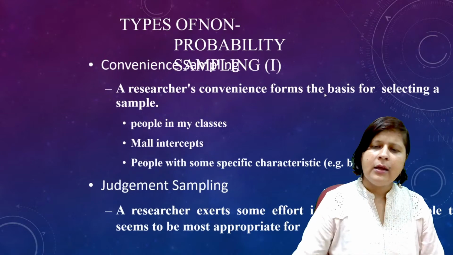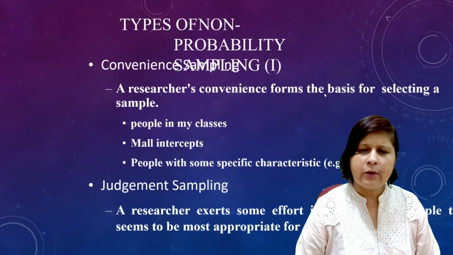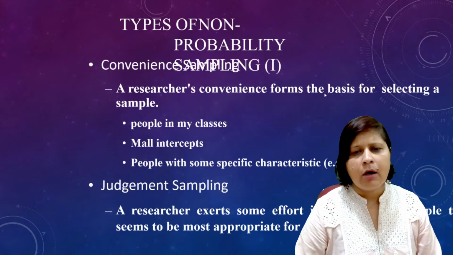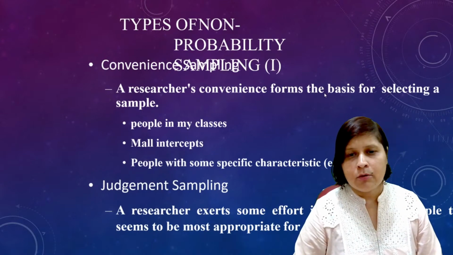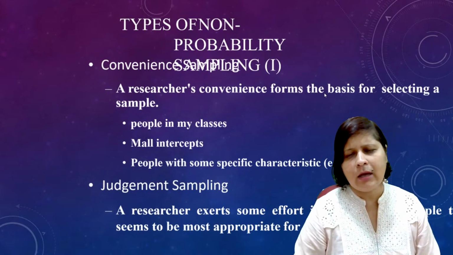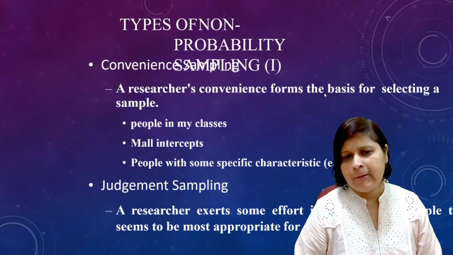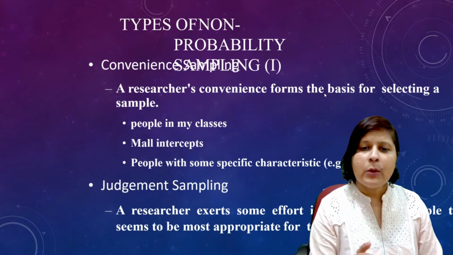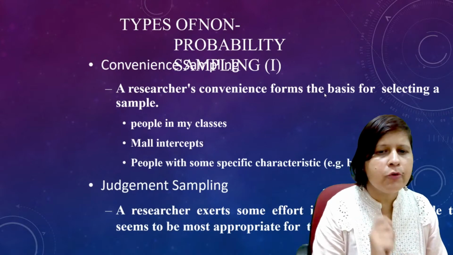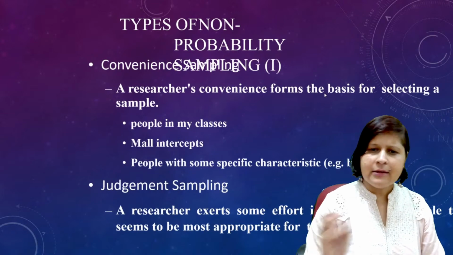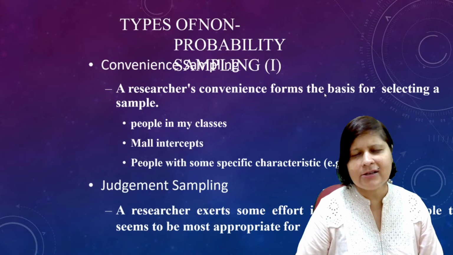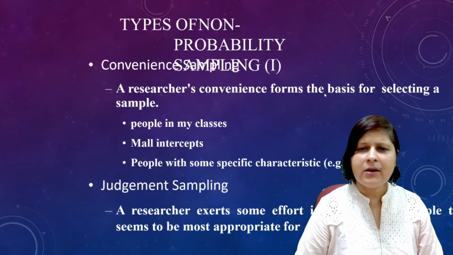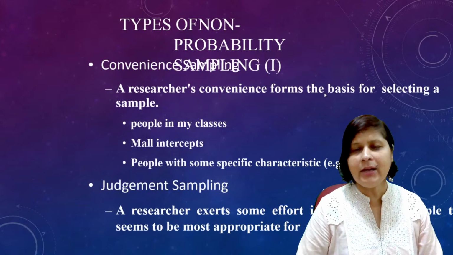Suppose I have taken the data from my family members, from male members whom I know, with whom I feel comfortable, or about whose shopping habits I have some idea, and it will impact my results. It will prove my hypothesis. This type of sampling is known as convenience sampling, and you cannot generalize its results because it doesn't represent the population actually, and you cannot compare the error.